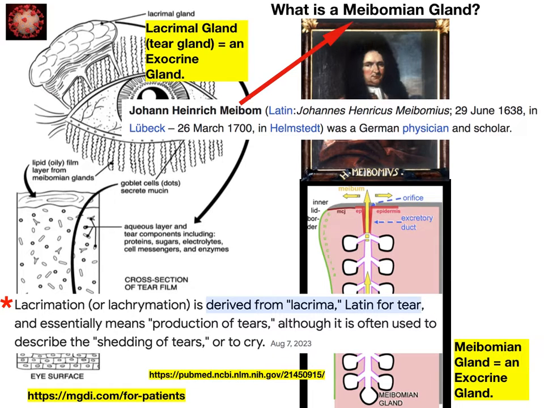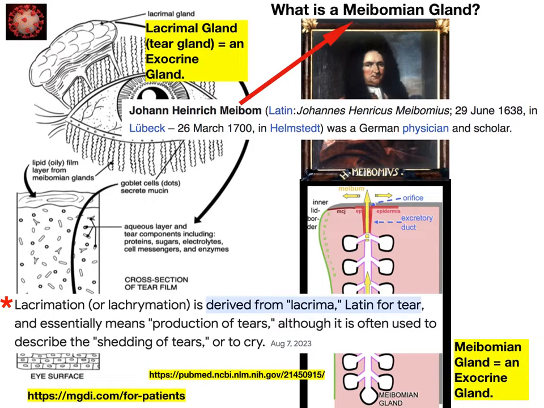It is already known that lacrimal glands can become long-term reservoirs for SARS-CoV-2 infection. The same is true for salivary glands. However, I have not found any publication on SARS-CoV-2 infections of meibomian glands, and that is still an open question.